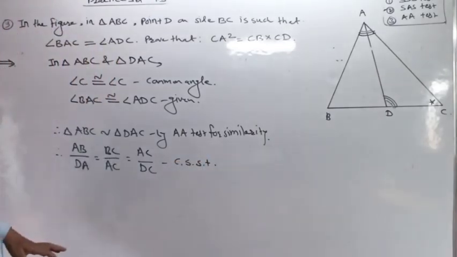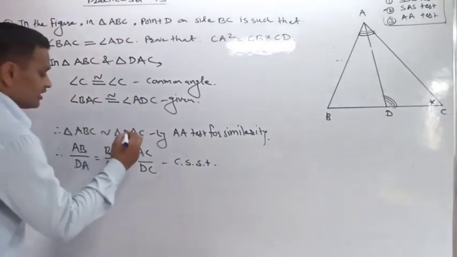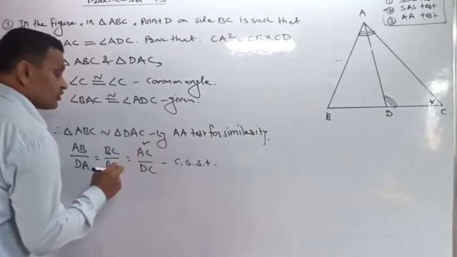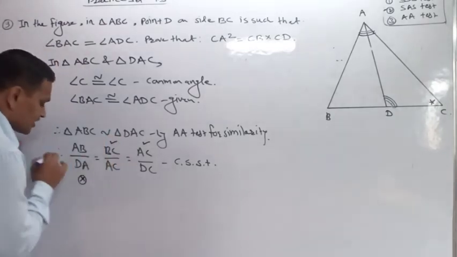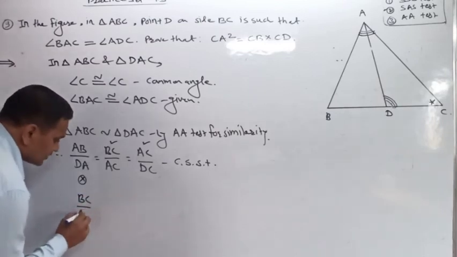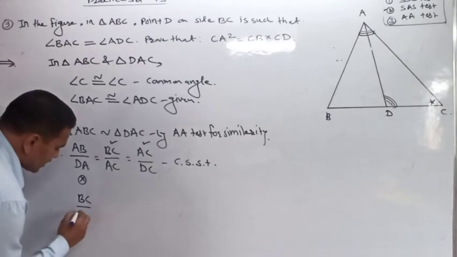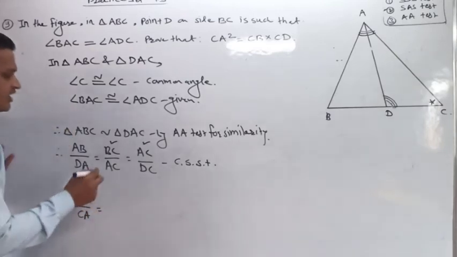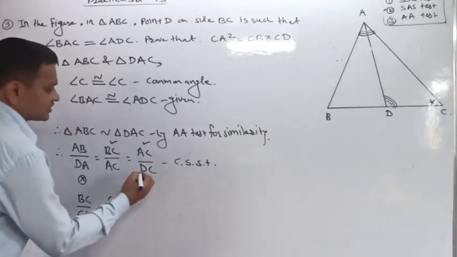To find CA square, we must select the ratio including AC. By deleting the first ratio, we get BC divided by CA equal to CA divided by CD.